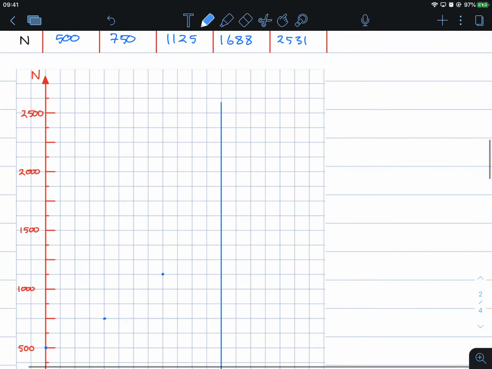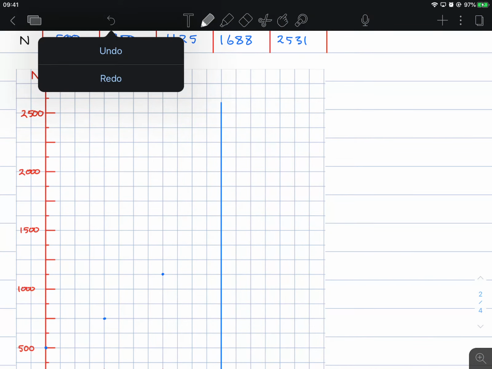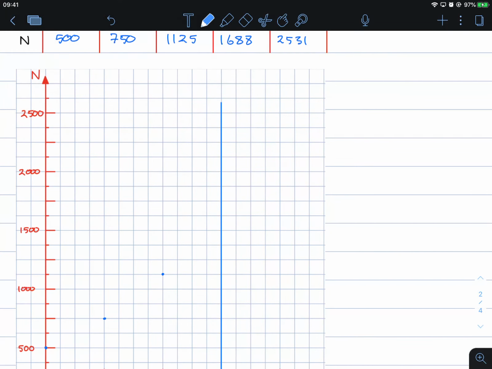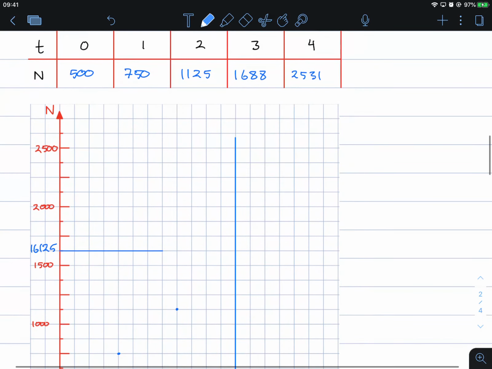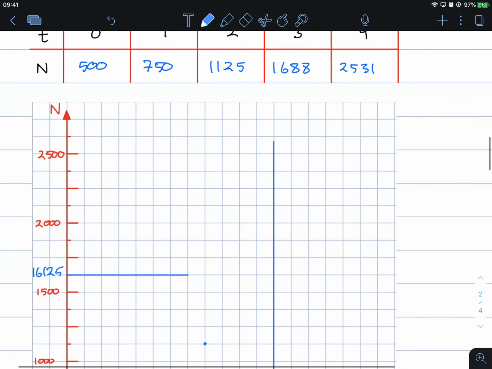You can use a ruler for this one. Slightly above the 1625 line, so 1688 would be slightly above that one. So let's just place it somewhere along that line here.